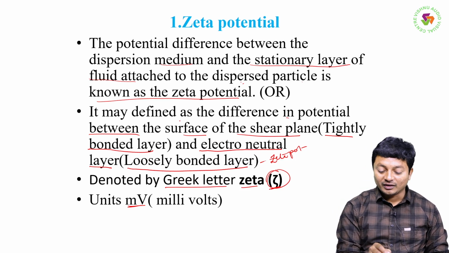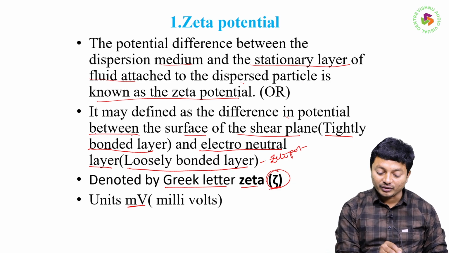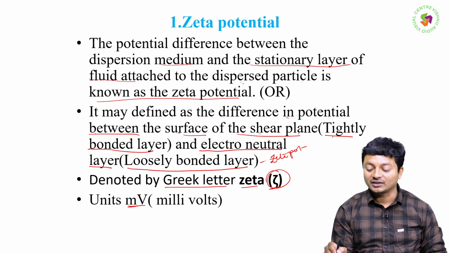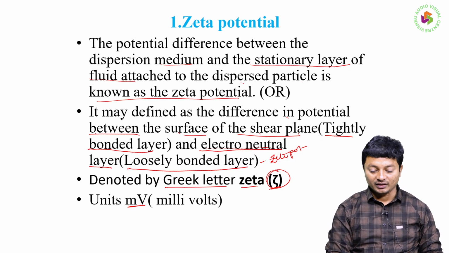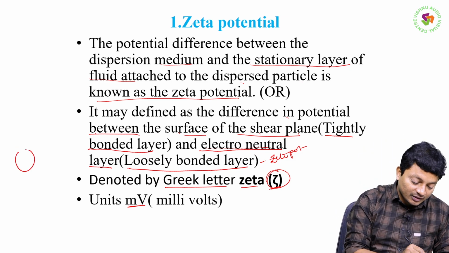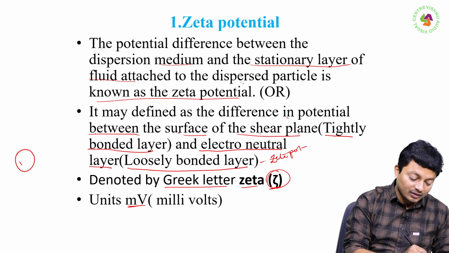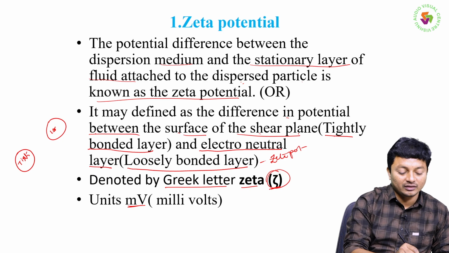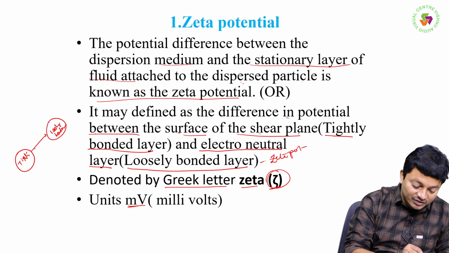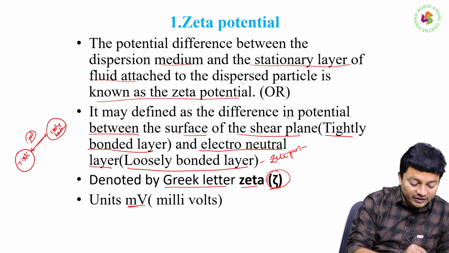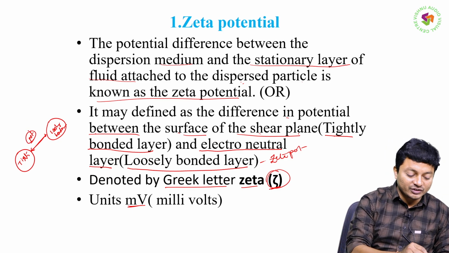See, it may be defined as the difference in the potential between the surface of the shear plane, that is the tightly bonded layer, and the electroneutral layer, that is the loosely bonded layer. So here you need to take two layers: this is the tightly bonded layer and this is the loosely bonded layer. In this, there is a distance difference and a potential difference. So what is potential?